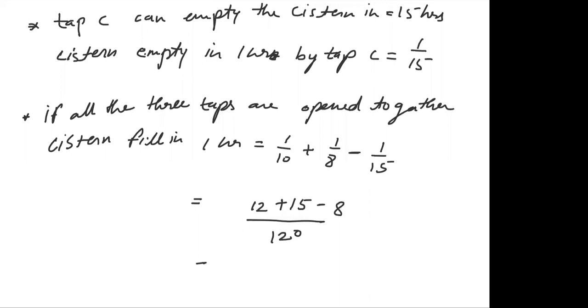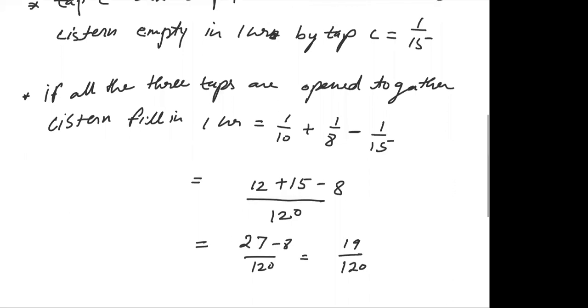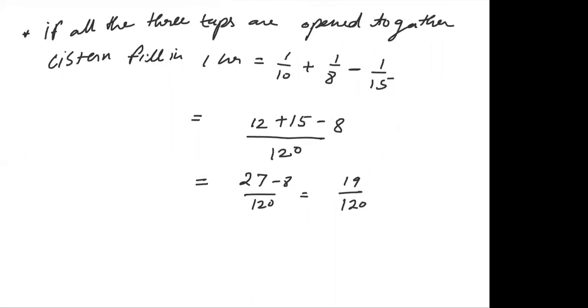So 12 plus 15 is 27, minus 8, upon 120. So you will get 19 upon 120. Okay, so this is your fraction. It means if all the three taps are open together, they can fill 19 upon 120 of the tank.